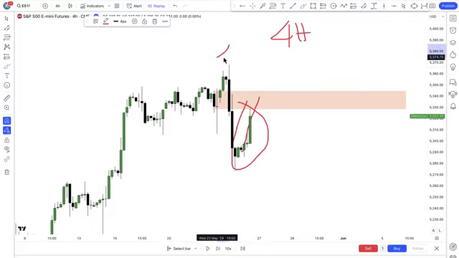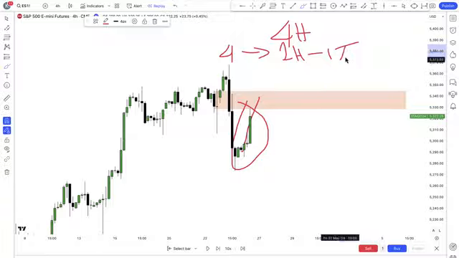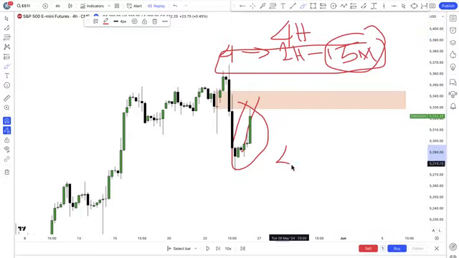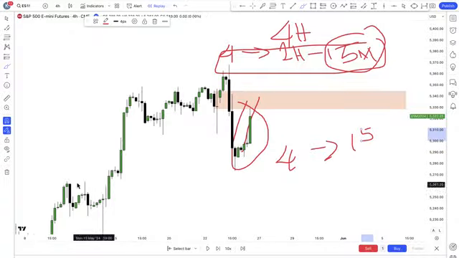When you have 4 hours, you can drop down to either 1 hour, or you can drop down to the 15-minute time frame and take trades from there. So in this one, it is better I drop to the 15-minute time frame. If you have 4 hour, the 15-minute time frame will give you a better picture of what is happening.